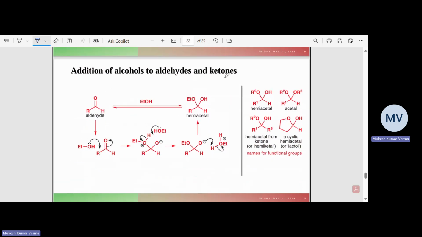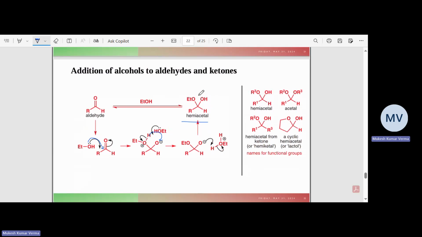Next is the addition of alcohols to aldehydes and ketones. Alcohols react similarly to water. The first step is the attack of the alcohol oxygen on the carbonyl carbon, and there is a transfer of a proton from the alcohol part to O negative to form hemiacetals.